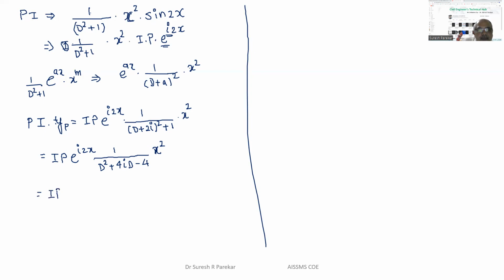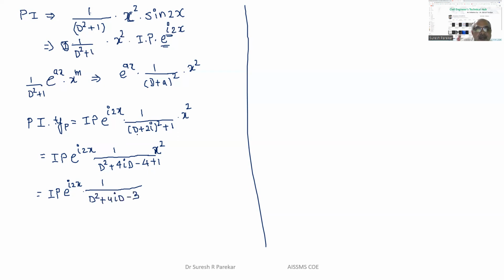So IP of e raised to i2x, and then we have D square plus 1, so minus 4 plus 1, this becomes minus 3. So we have 1 upon D square plus 4iD minus 3.